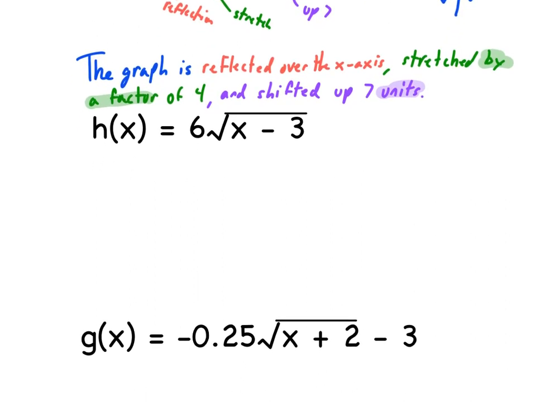All right. So this next one, again, I just want to pay attention to what I see as I move through the problem. The first thing I see here is a 6 on the outside, and then on the inside I see this -3. So not too much going on here. I've got a number bigger than 1 in front, so that's a stretch.